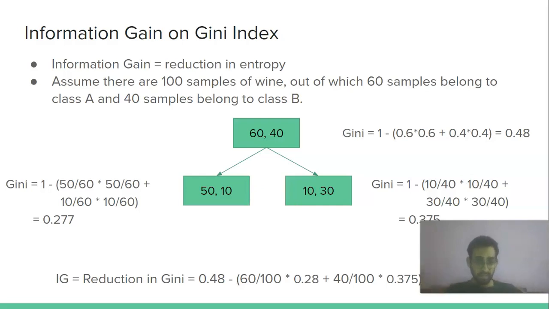So at each level it applies different conditions on different independent features, and then it calculates the information gain using this formula. Whichever condition has the highest information gain, we select that, and that condition is used in the inference.